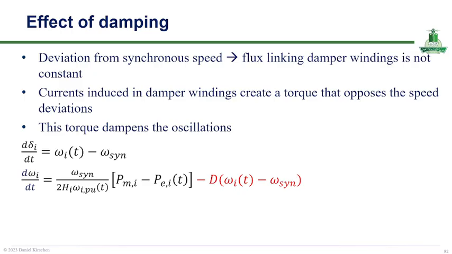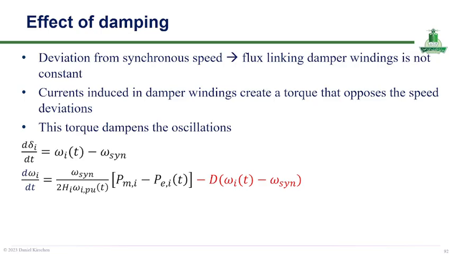This opposing torque reduces the amplitude of oscillations and helps the system return to steady state operation more quickly after disturbances. So therefore, damping plays a critical role in improving power system stability and preventing sustained oscillation between generators.